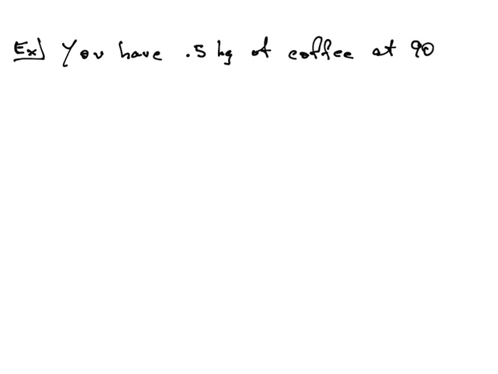This example is you have half a kilogram of coffee, which is sitting at, let's say, 90 degrees Celsius.